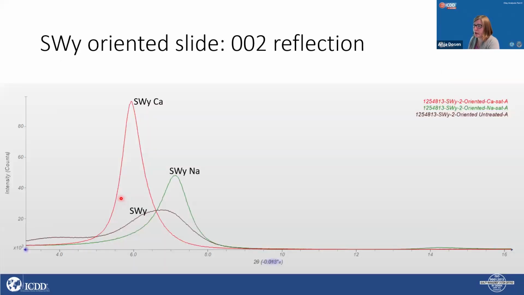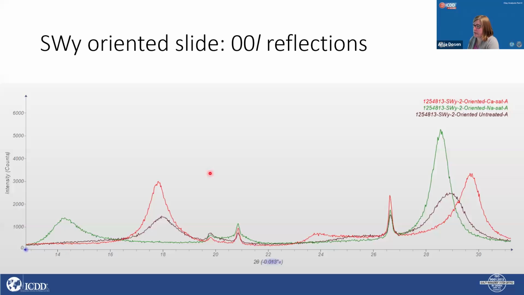Looking at the same basal reflection of smectite Wyoming, the difference between cation saturated and untreated sample is very distinct. Untreated samples have these broad peaks and lower intensity peaks, whereas cation saturated samples will show higher intensities and sharper peaks.